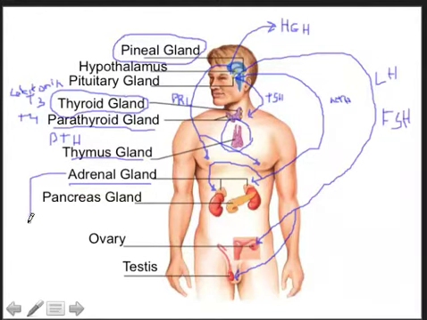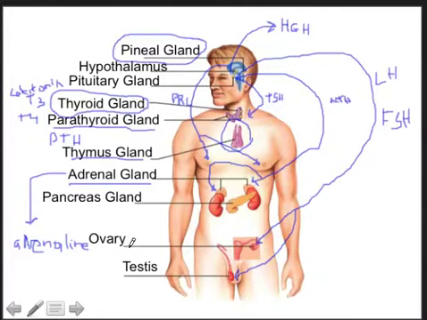The medulla secretes a hormone called adrenaline, A-D-R-E-N-A-L-I-N-E. And what adrenaline does is it coordinates our fight or flight response.